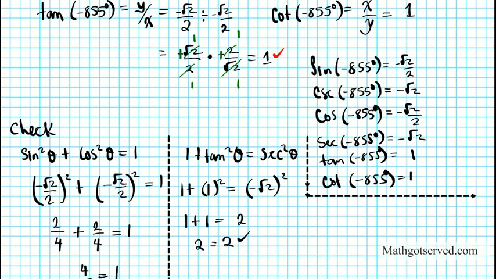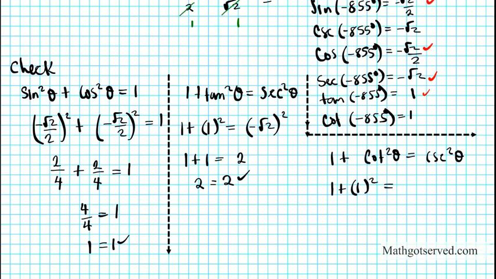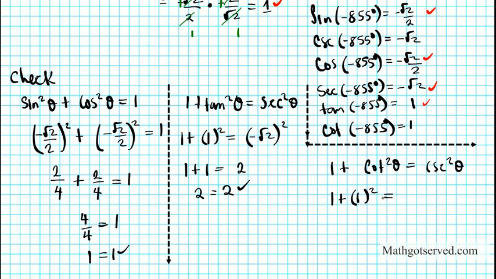So we already checked sine and cosine, and tan and secant. We just need to do cotangent and cosecant next, okay? So the next equation I'm going to use is 1 plus cotangent squared theta equals cosecant squared theta. Alright, let's plug it in. Is 1 plus 1 squared equal to cosecant theta, which is negative root 2, so negative root 2 squared?